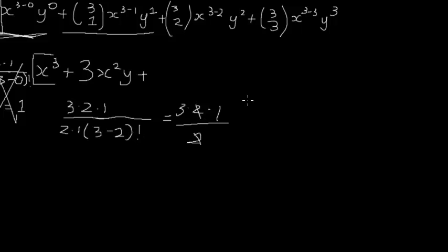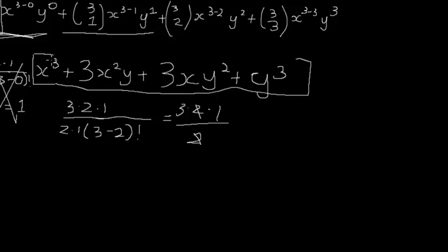So just cross 2 out, and we got 3, right? So what we have here is 3xy squared, and then 3 choose 3 is going to be 1. So our answer in the end is going to be y cubed. So this is the full equation from what we got from the binomial theorem. Okay, that seems simple enough.